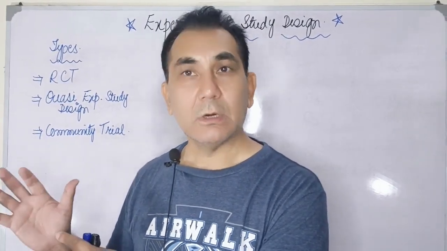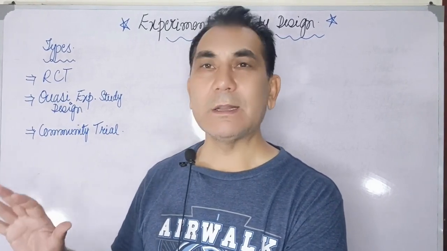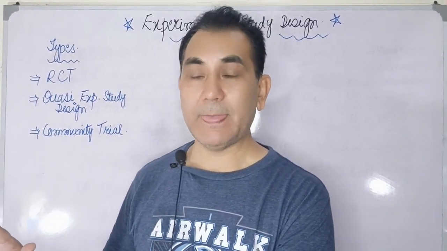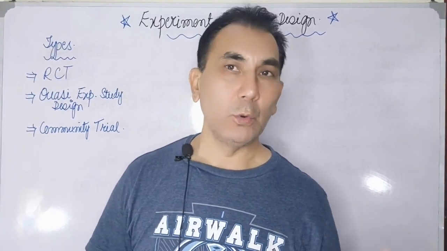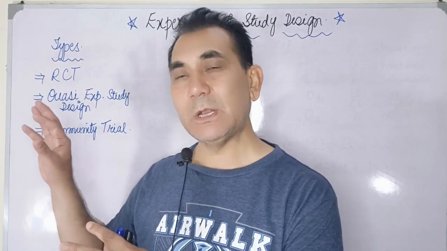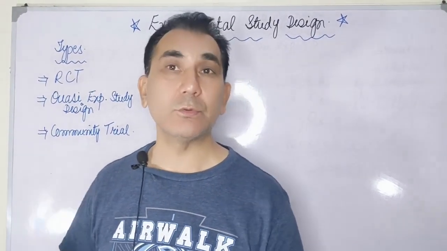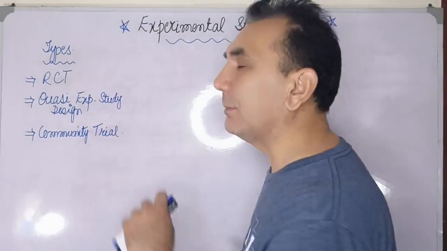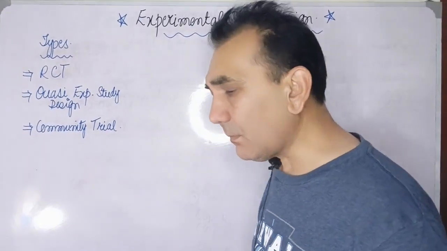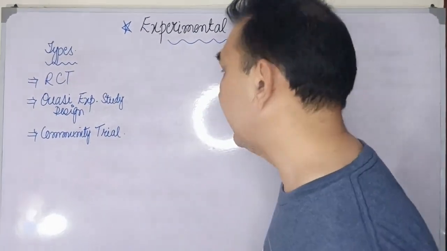and the old or traditional intervention, or any activity, or the old drug, or the placebo, to the control group by random assignment. So it is called random allocation and random assignment.